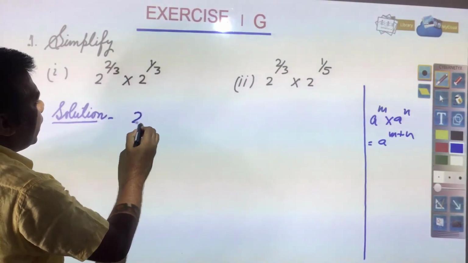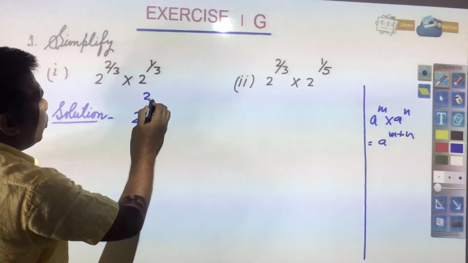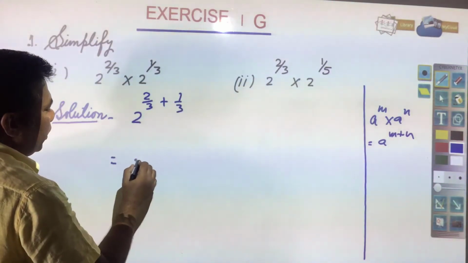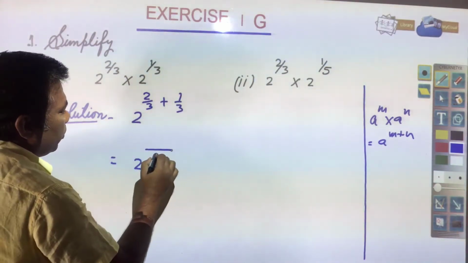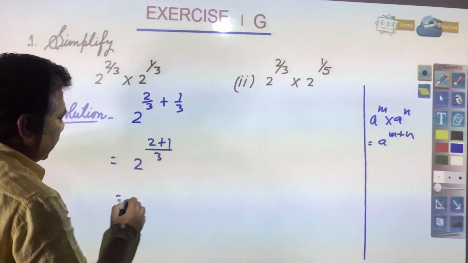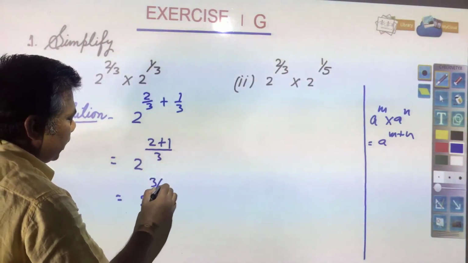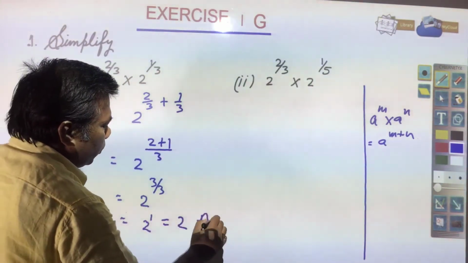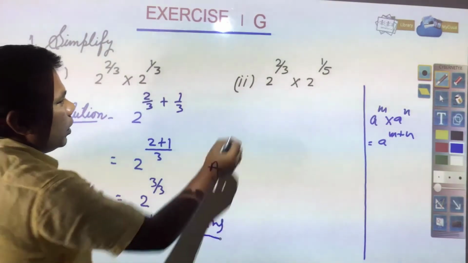It can be written as 2 to the power 2 by 3 plus 1 by 3, which is equal to 2 to the power, LCM will be 3, and 2 plus 1, it means 2 to the power 3 by 3, it means 2 to the power 1, it means 2, and this will be your answer.